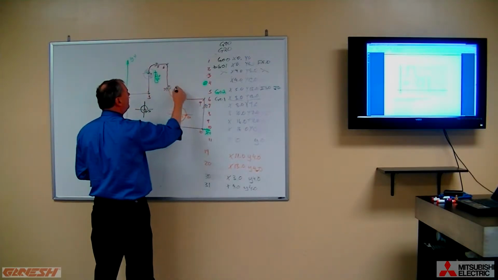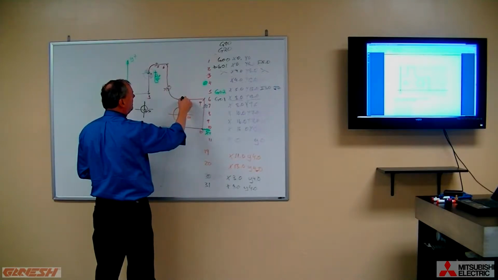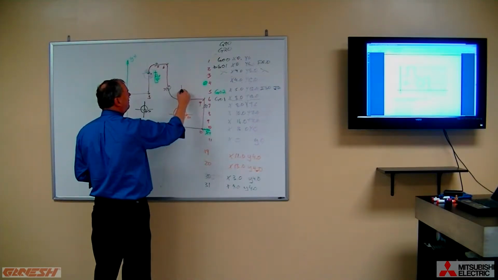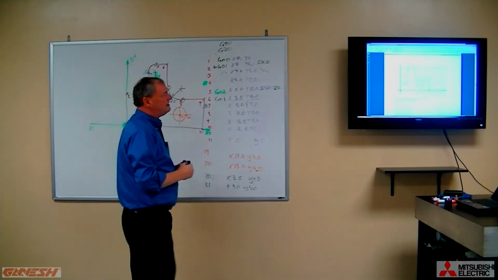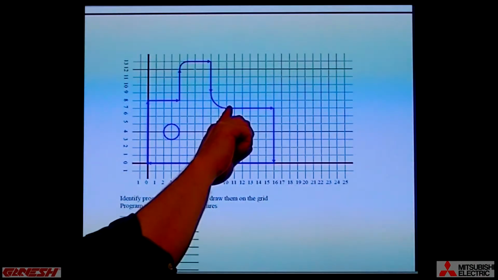We're sitting here. Now you see we have another circular arc that we want to end up with the cutter on point number 8. Now the center of the radius is sitting here, and the circle is a 2-inch radius. How do I know that's a 2-inch radius? If I look at my drawing, I see that it ends up right here.